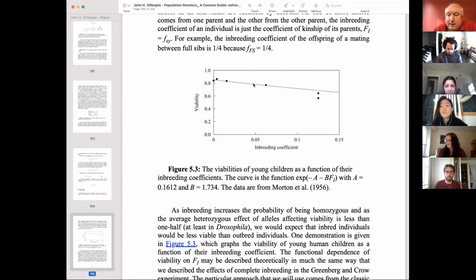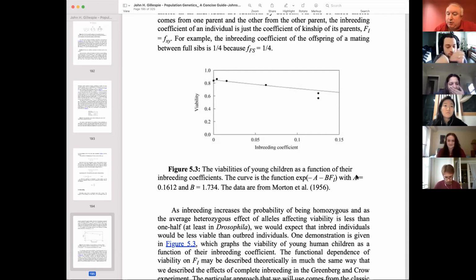Anyway, the plot here is real data. And we've simply fit a curve of y equals e to the minus a minus bF. So the data is falling off, not quite exponentially, but supposedly.